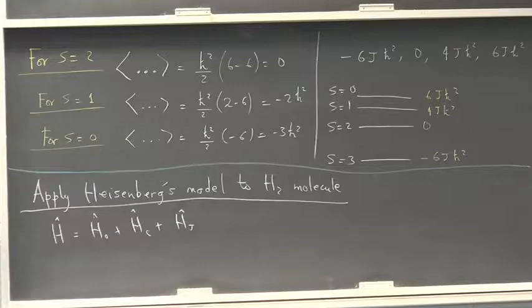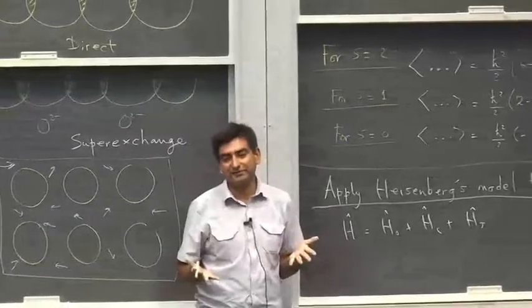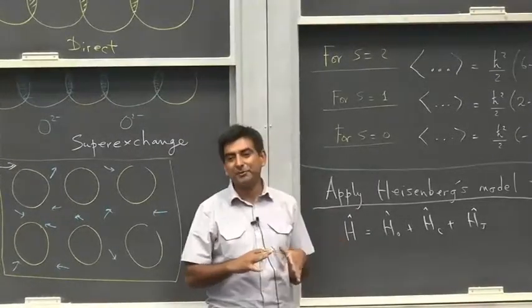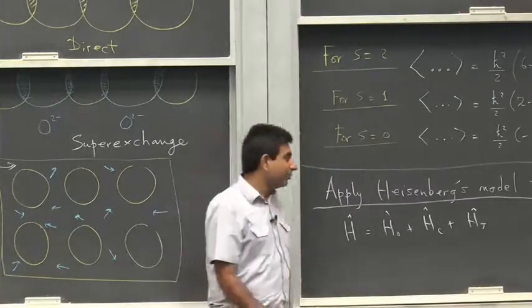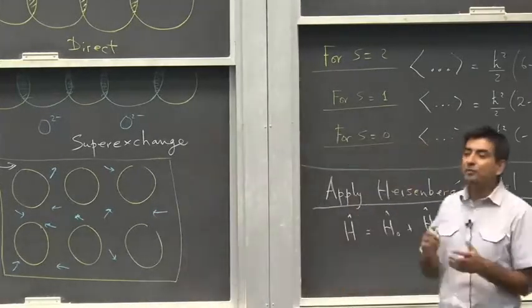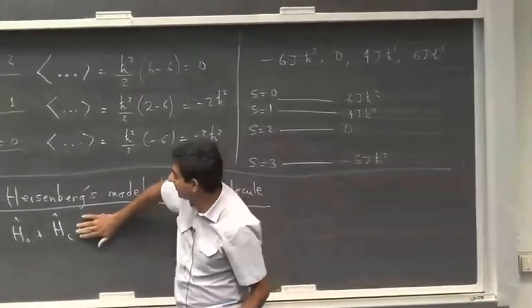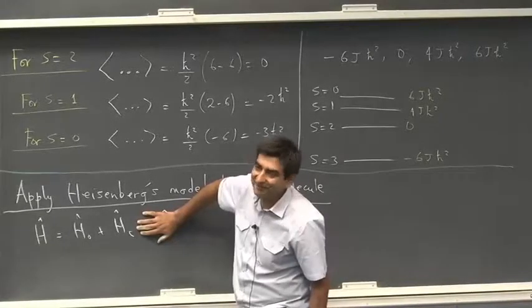Now what we would like to do is write a set of basis states and diagonalize the Hamiltonian in that particular set. Luckily we've seen that the bonding molecular orbitals are actually eigenstates of this Hamiltonian. This is what we've seen.